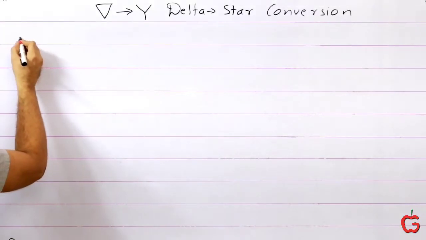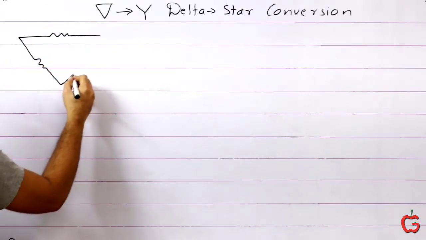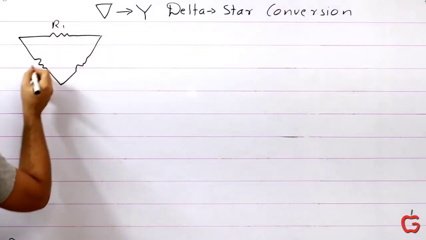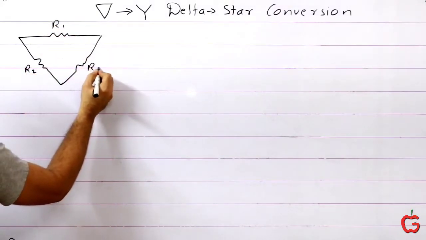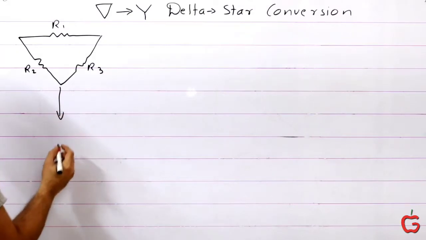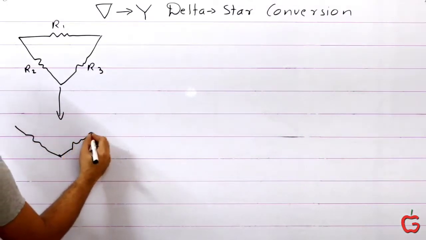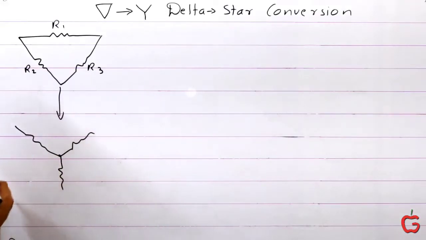Suppose we are given a triangle arrangement of resistors. Let's call them R1, R2 and R3. We wish to convert them to a Y or a star shape.